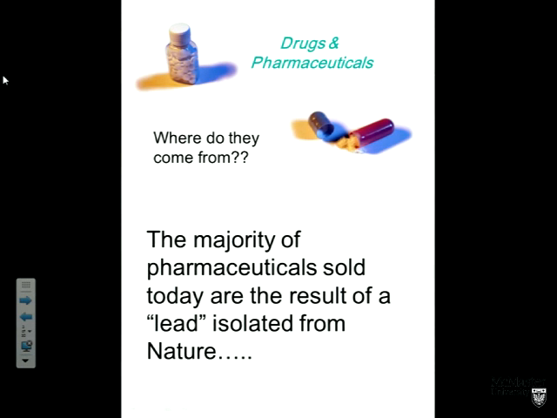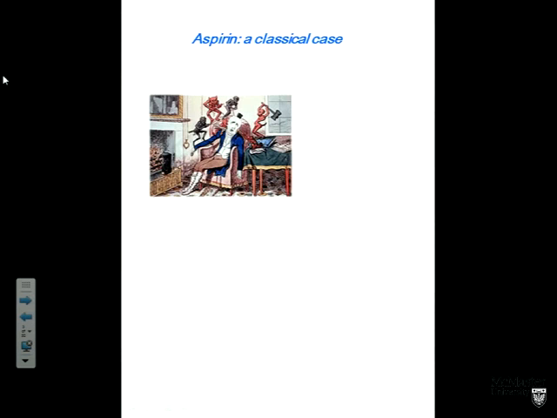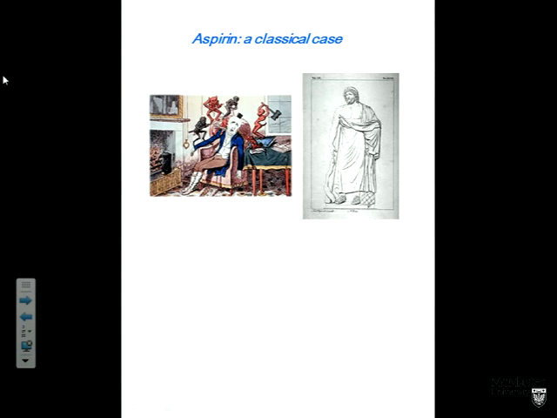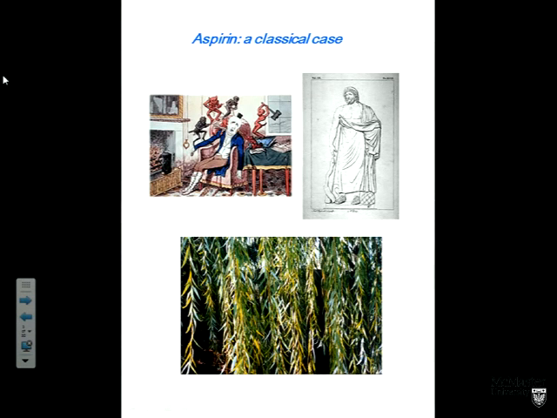So 50%, or perhaps the slight majority, of pharmaceuticals sold today are a result of a lead isolated from nature. Aspirin is a classical case and is, of course, used to treat pain. In fact, people have recognized for a long time that a compound called salicylic acid that is present in the bark of yew trees is the active ingredient that causes release of pain.